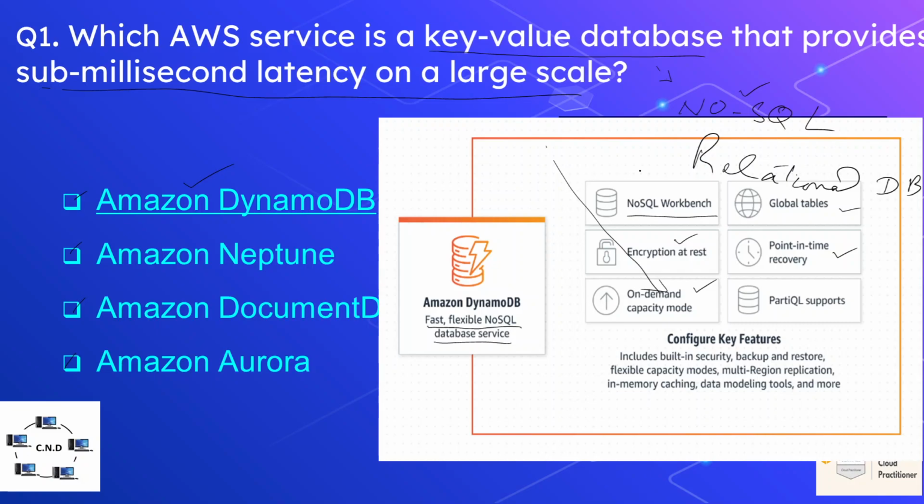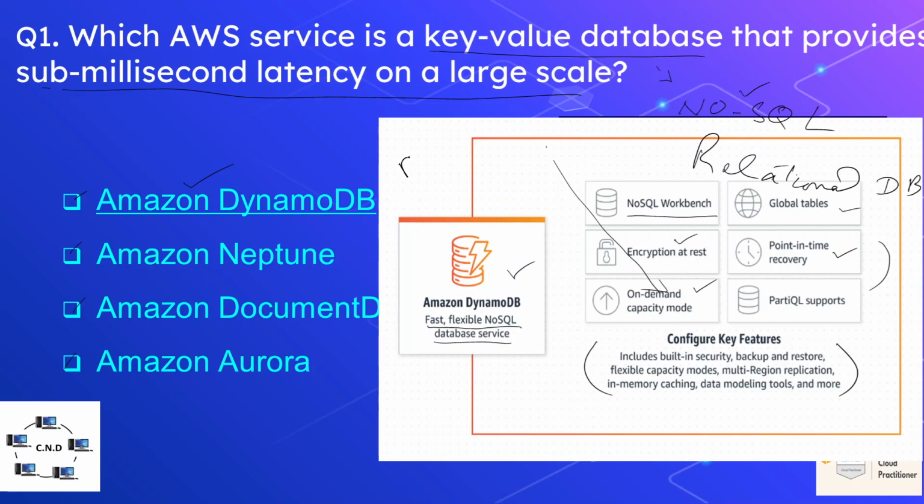Remember that there are many questions on Amazon DynamoDB, or in general on the Amazon database services. So remember that DynamoDB is a NoSQL non-relational database, it is a key value database, and it provides these features. Then you will be able to answer any question on the AWS Cloud Practitioner exam related to Amazon DynamoDB.